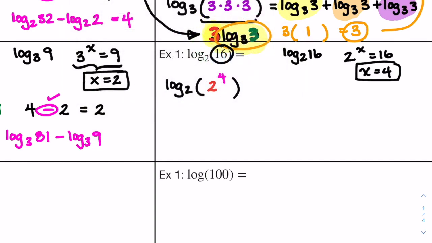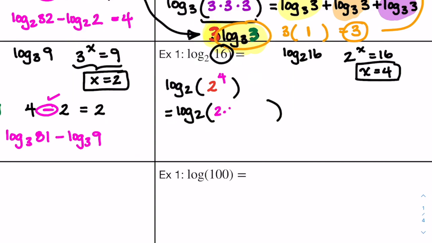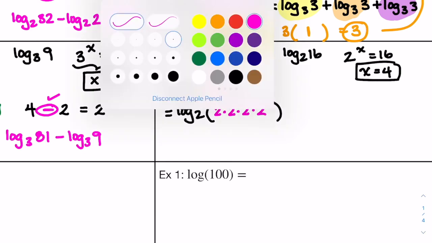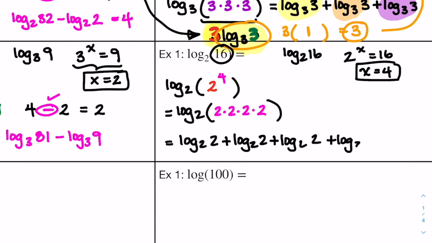And if I expand this, this is log base 2 of 2 times 2 times 2 times 2. And according to our multiplication rule, this could be written as log base 2 of 2 plus log base 2 of 2 plus log base 2 of 2 plus log base 2 of 2.